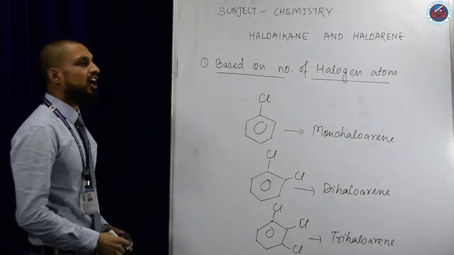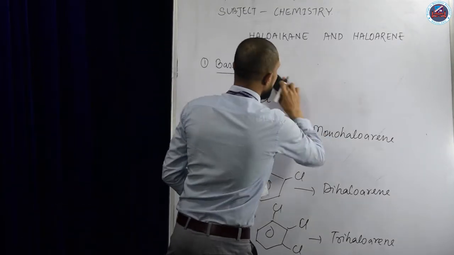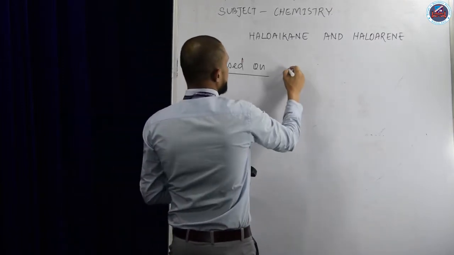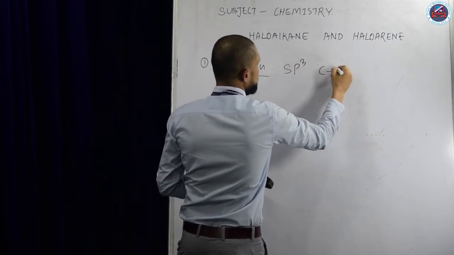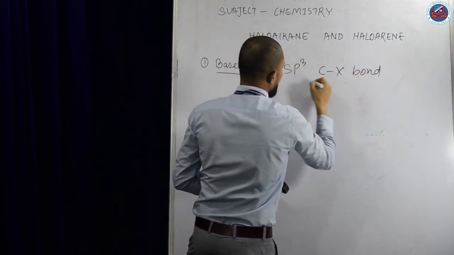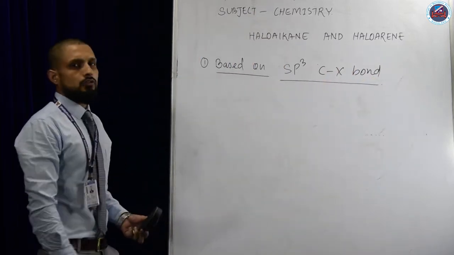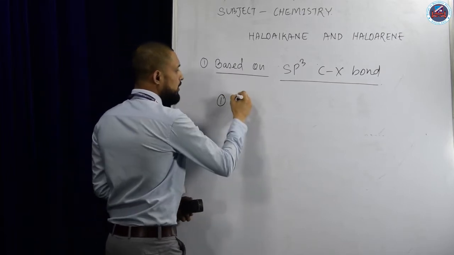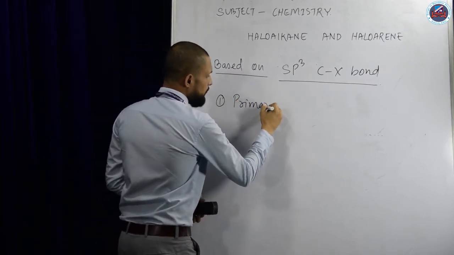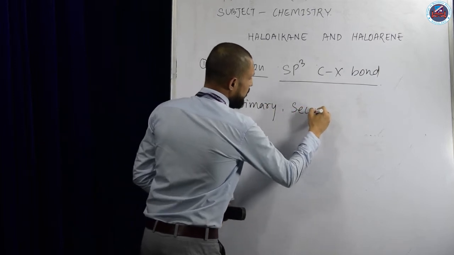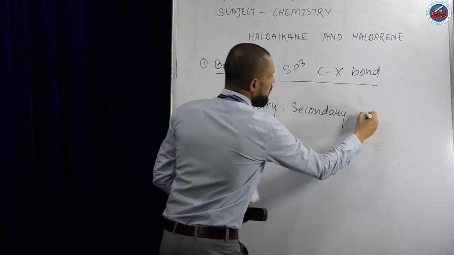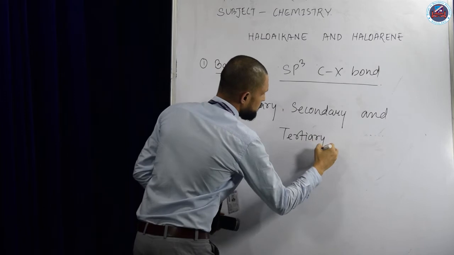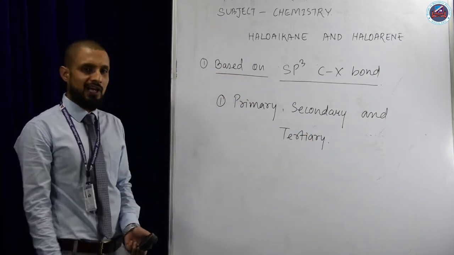Next, let us see the classification based on sp3 hybridized C-X bond. So under this classification, the first set of compounds we are going to study are primary, secondary, and tertiary. So let us see what is primary haloalkane.